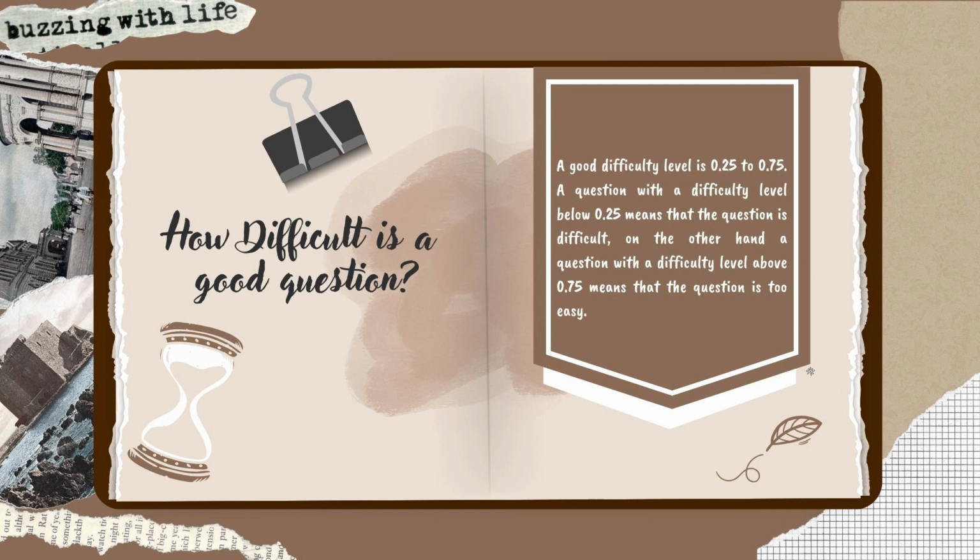A good difficulty level is 0.25 to 0.75. A question with a difficulty level below 0.25 means that the question is difficult. On the other hand, a question with a difficulty level above 0.75 means that the question is too easy.